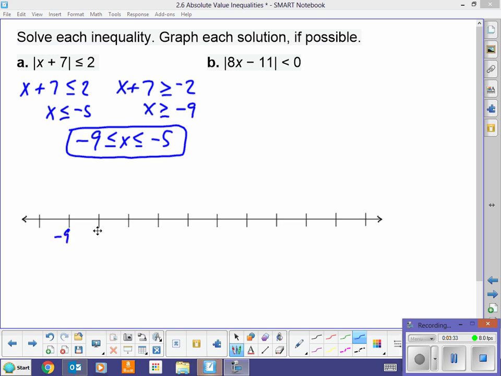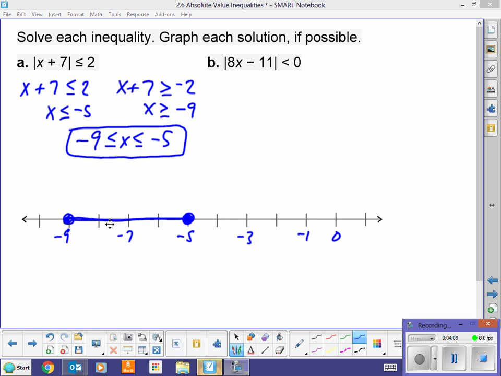Negative 9, negative 8, negative 7, negative 5, negative 4, negative 3, negative 1, and 0. So solid dots on negative 9 and negative 5. And then I want the numbers between them because this is conjunction. In other words, the solution has to meet both these requirements, so it's between them.